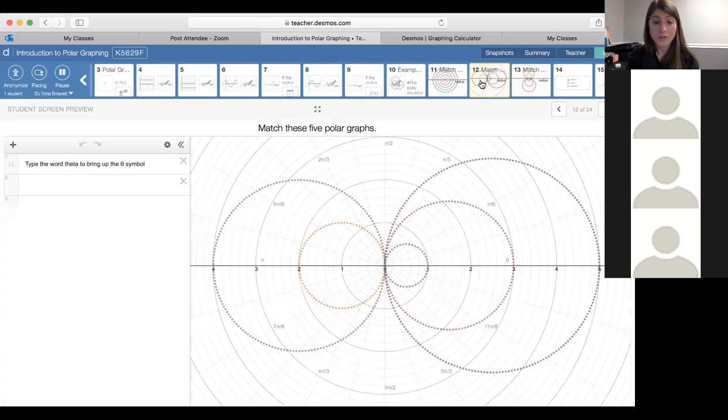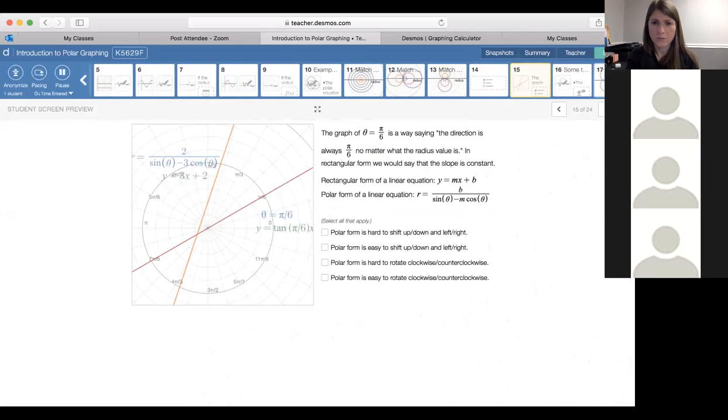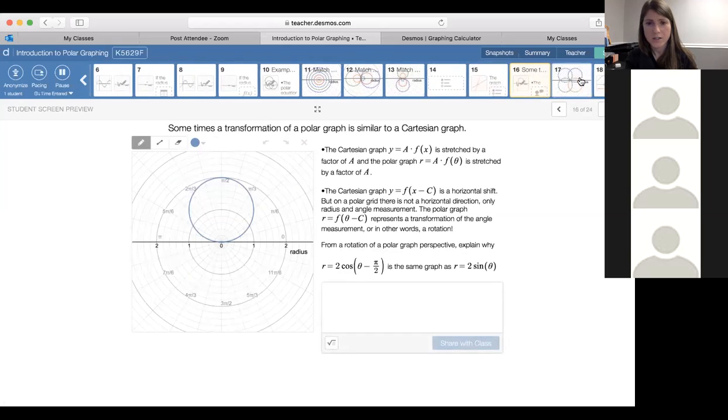These ones are all going to be cosine. These ones are all going to be sine. And then you're going to play around a little with some of the trickier exploration parts here. It explains a little bit about some shifts.